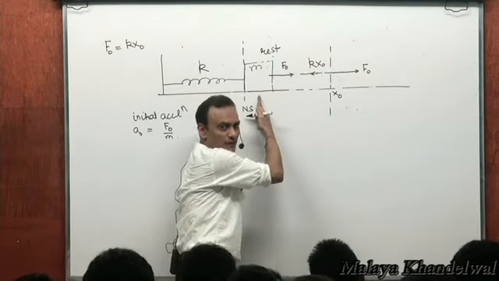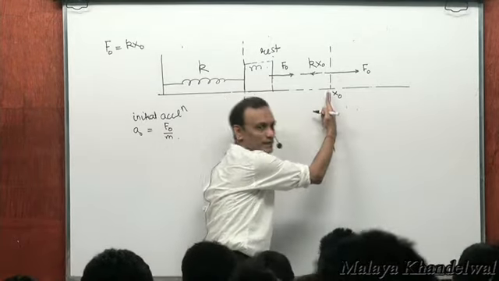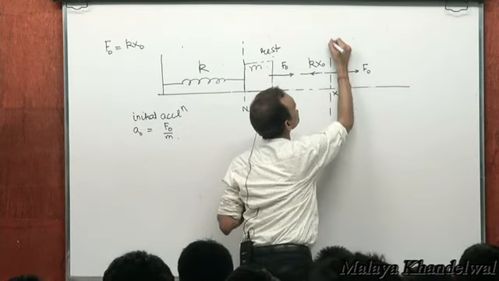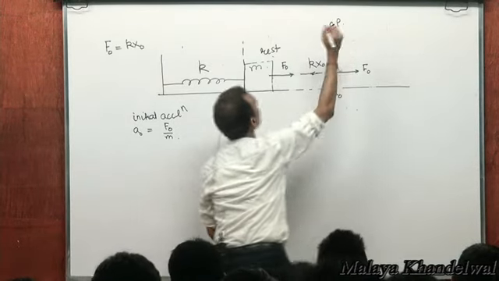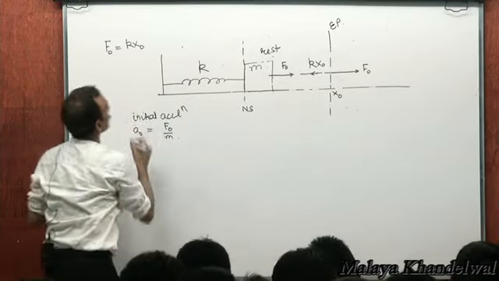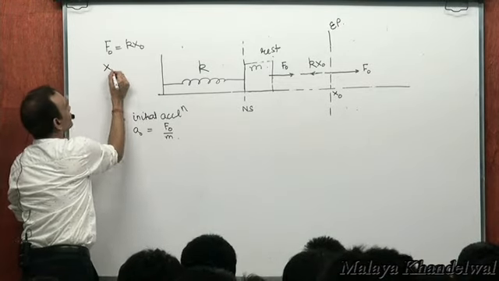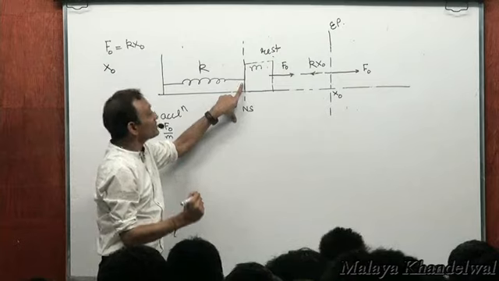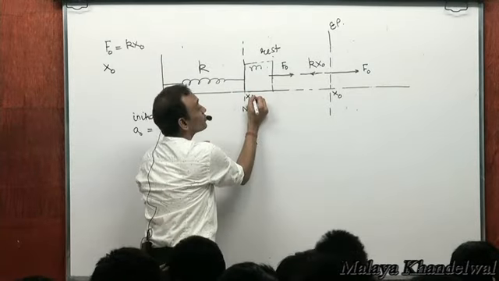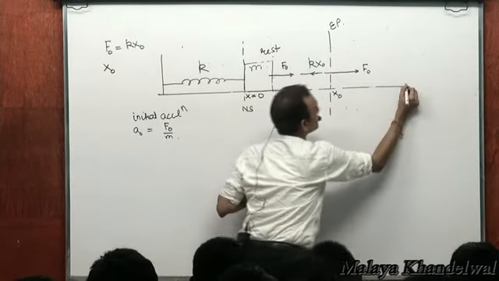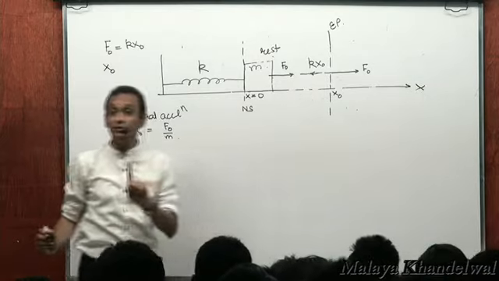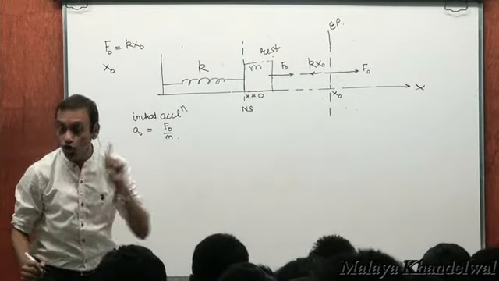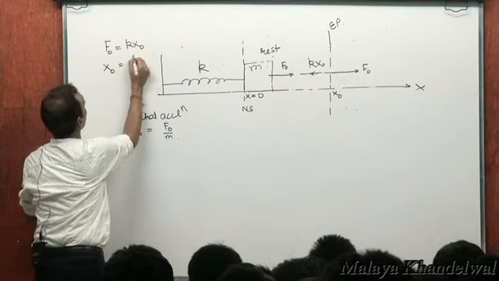So this is not the equilibrium position for this motion. The equilibrium position is this. In the earlier case, x equal to 0 was the equilibrium position. Now the equilibrium position is not x equal to 0, but x equal to x naught, which is F naught by k.